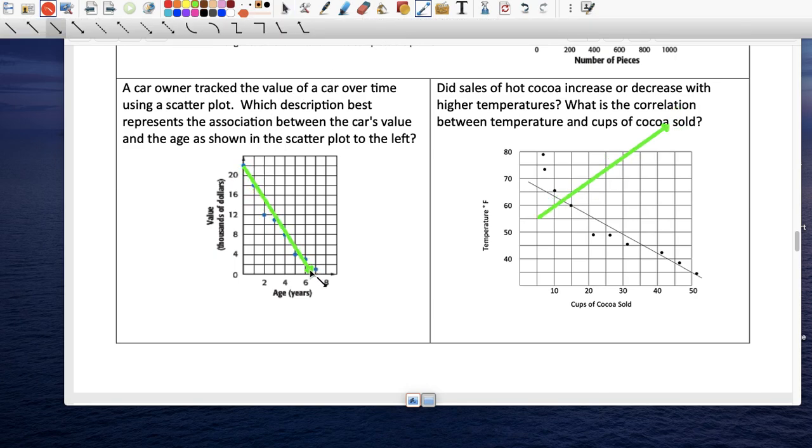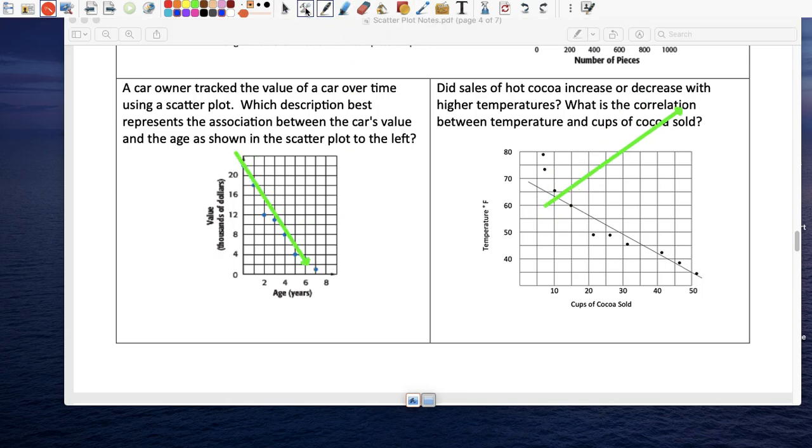So here's the line of best fit, and it shows that as time progresses, usage, wear and tear, the value of the car decreases. So this is a strong negative correlation.